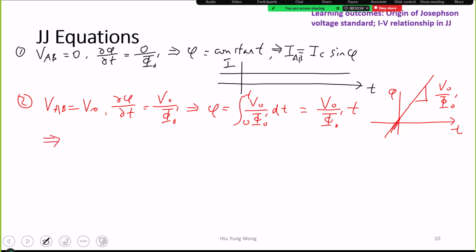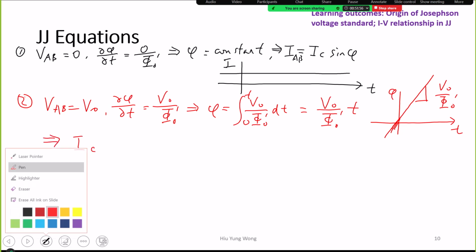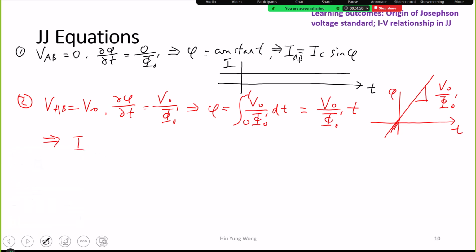And then what does it mean for the current? I_AB equals I_C times sine phi, right? But what is phi? We just proved it. Equal to I_C sine of V0 divided by phi naught dash times t. So I have a constant voltage across the Josephson junction, and its current will oscillate.